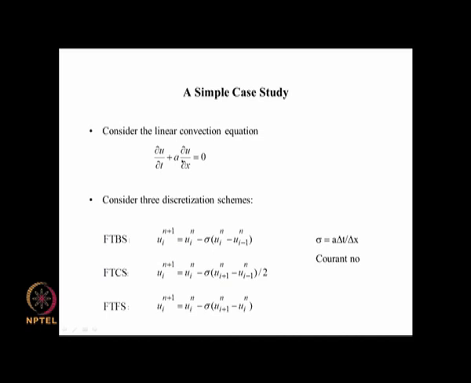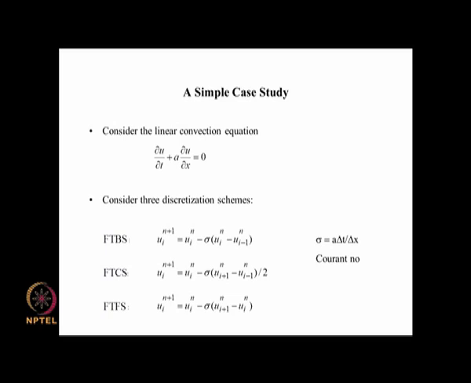So the sum of all these truncation errors, the cumulative effect of all these truncation errors, is such that it tends to 0 as delta t and delta x tend to 0. So once you can make that claim, you can say that you have a consistent discretization.